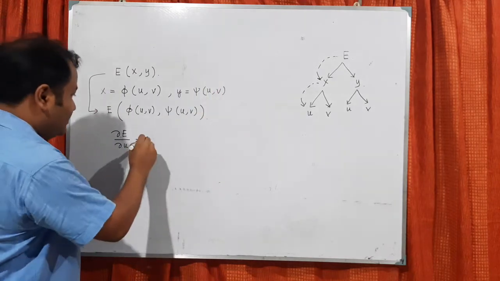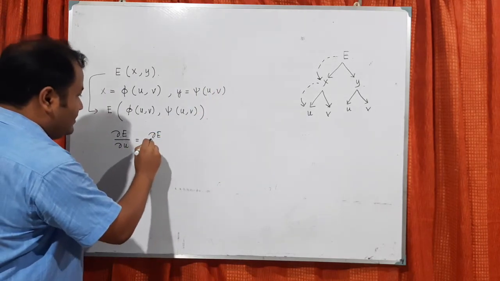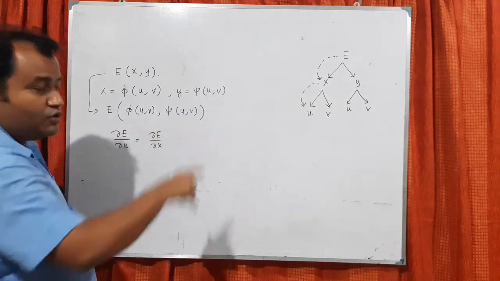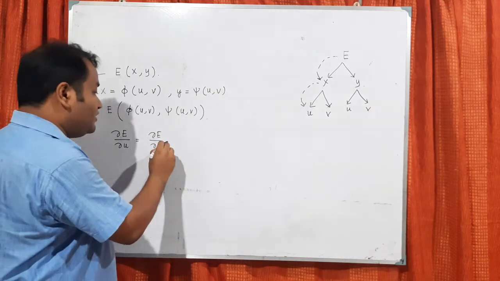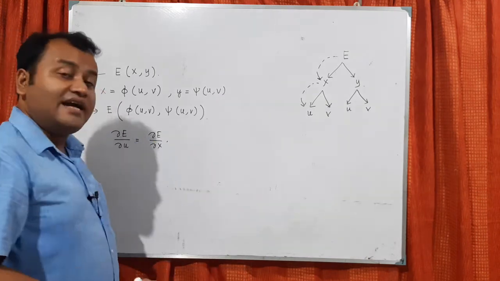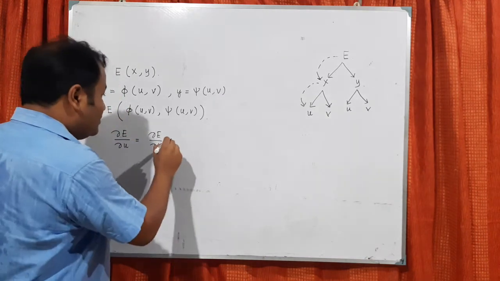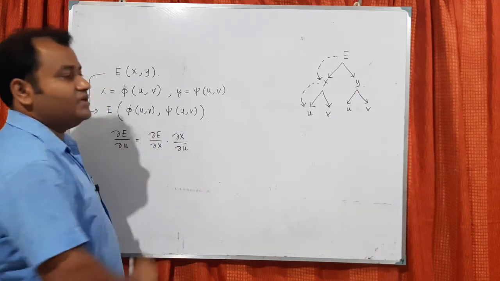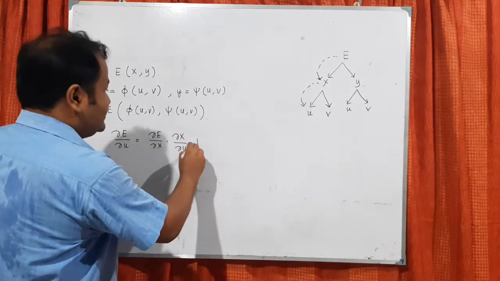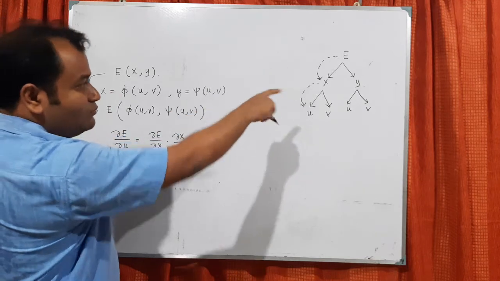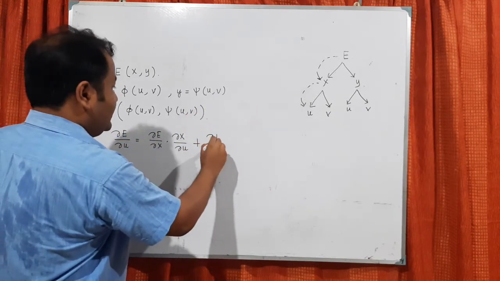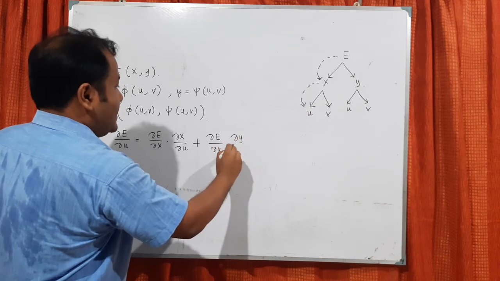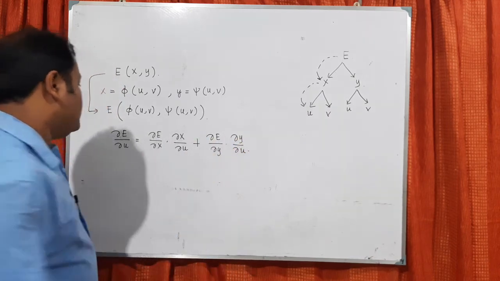So del E del x. Why are we using del? Because E has two options x and y, and under x there are also two options. So it will be del x del u, plus, in a similar manner, from E you can move to y, so del E del y into del y del u.